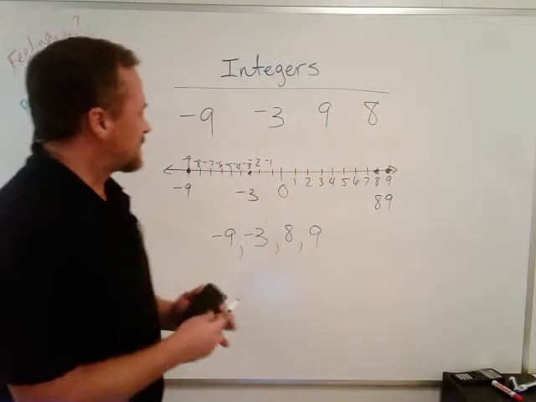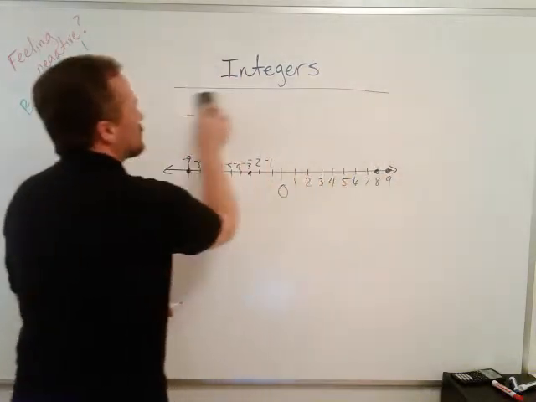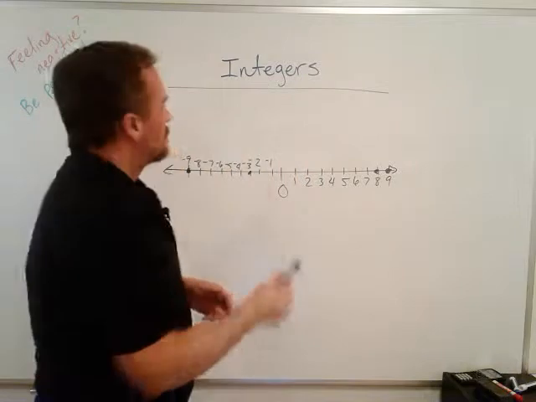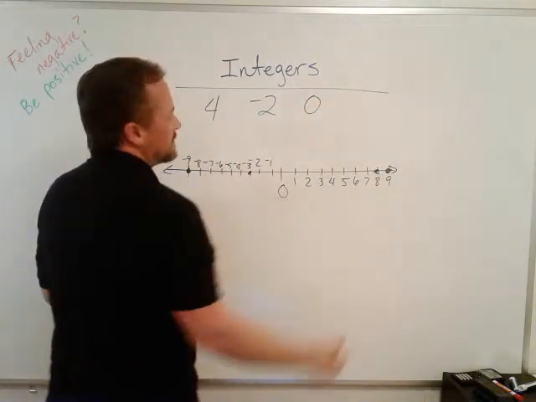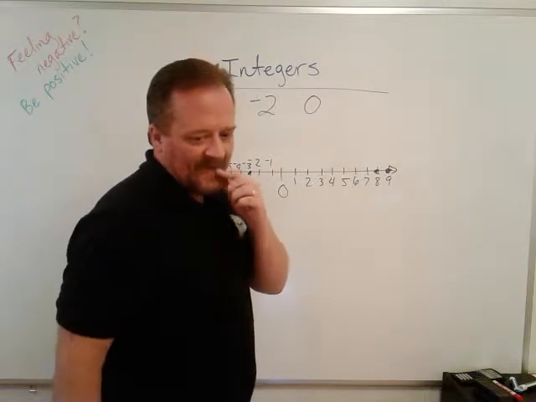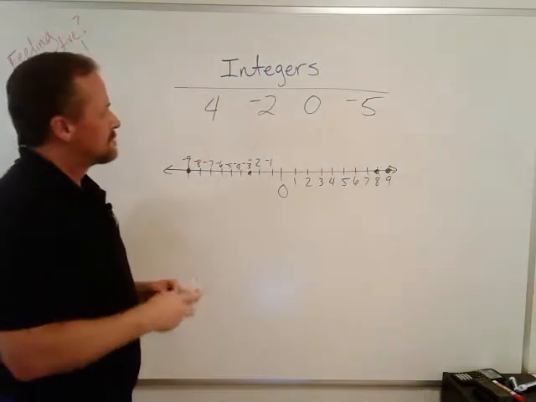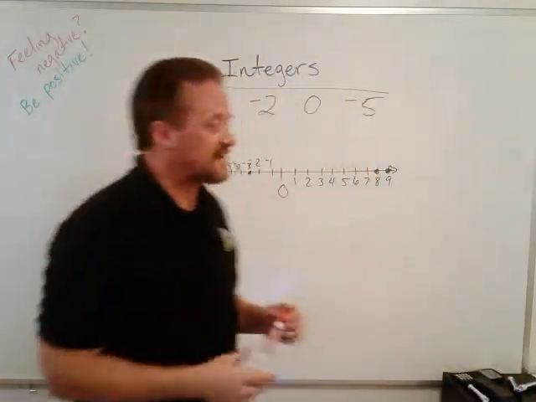Let's try one more list. How about 4, -2, 0, and -5. I'll use the number line again, just so we can visualize it.